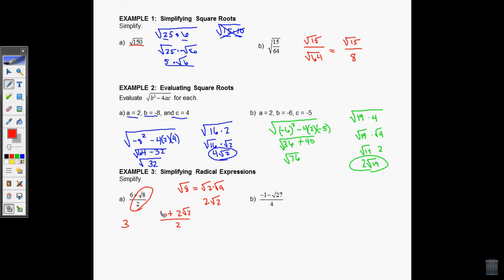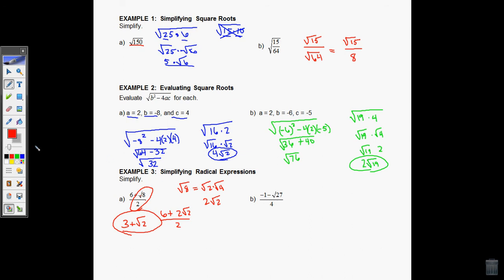I still can do 6 divided by 2, which is 3, but now I see I have 2 square roots of 2 divided by 2. That 2 divided by 2 is just a 1, so I have plus the square root of 2. Very, very cool. It's all about trying to make the numbers look nicer or look so that I can simplify.